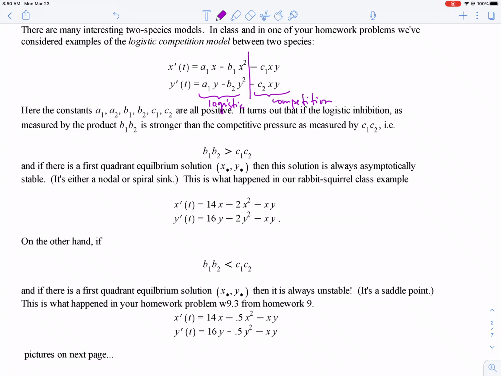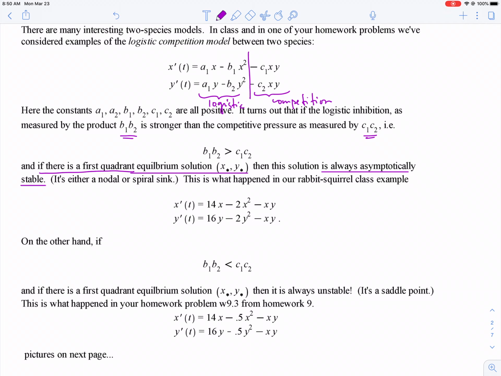If the product of the logistic inhibition, B1, B2, is bigger than the competitive pressure, measured by C1, C2, and if there's a first quadrant equilibrium solution, then it turns out that this equilibrium solution is always asymptotically stable.